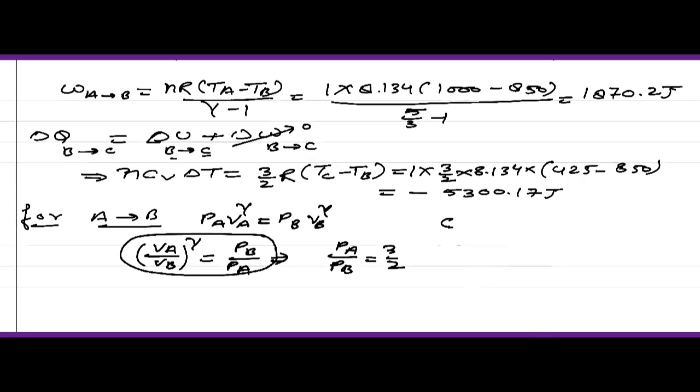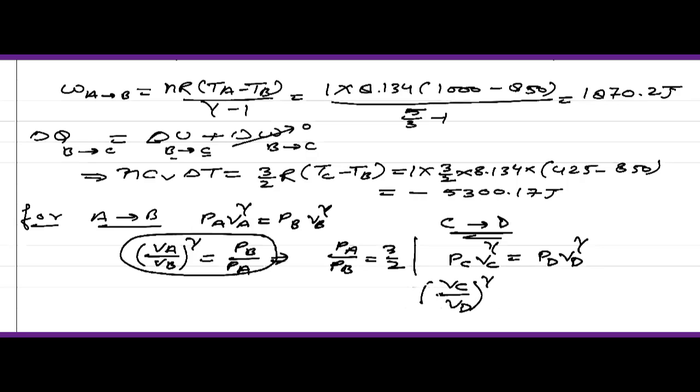Okay. After this, if we talk about process C to D, we can say that the equation of state must be PC VC raised to power gamma is equal to PD VD raised to power gamma. So we can write this equation such as (VC upon VD) whole power gamma is equal to (VB divided by VA) whole power gamma.